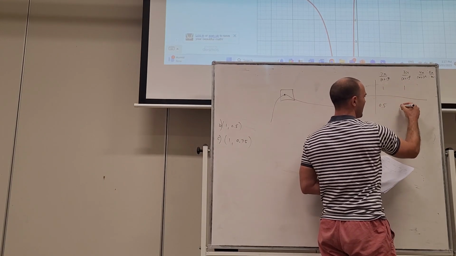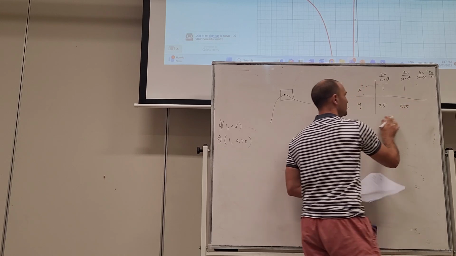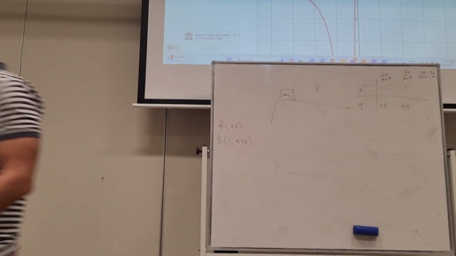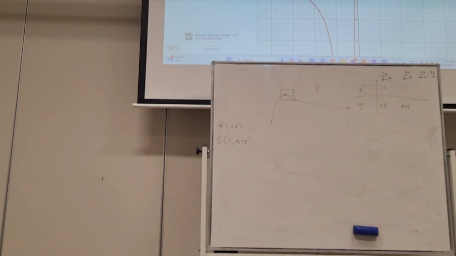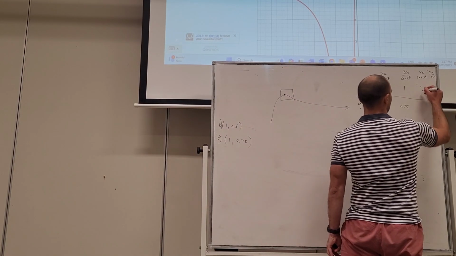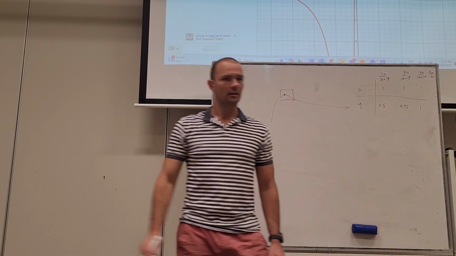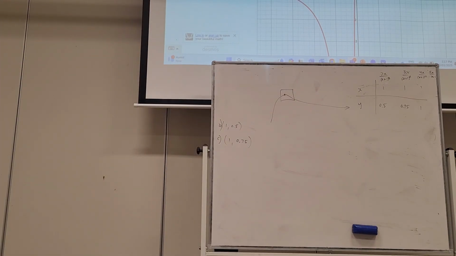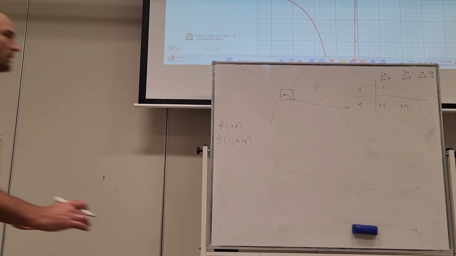We have 1 and 0.75. Okay, so we're going to g-solve for 4x. So I'm going to change the function now from 3x to 4x. Get that x value. We've got x is 1, y is 1. And then change it to 5. And we've got x is 1, y is 1.25.